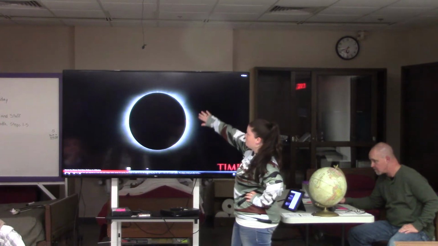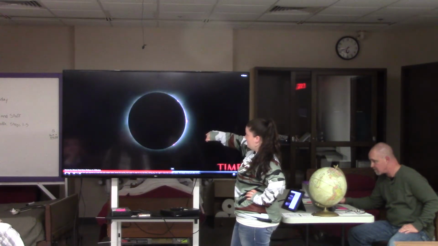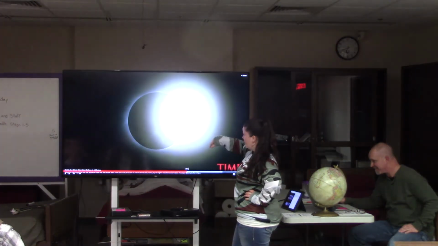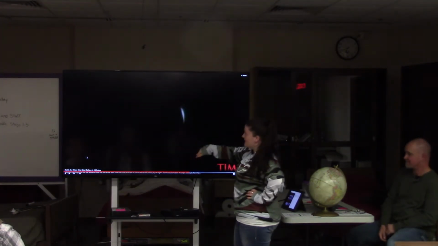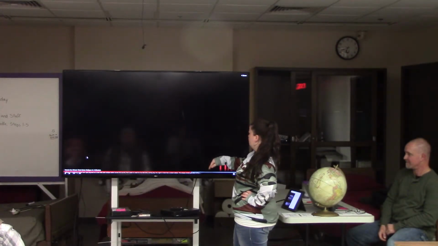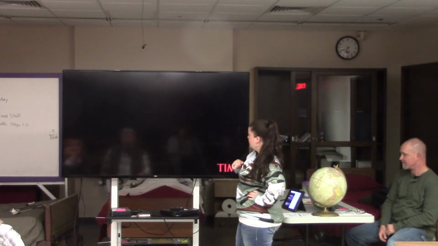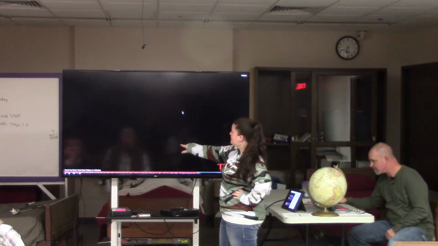So as it gets brighter on this side, look at those flares. And then, oh, there you go, you can start to see the sun on this side of the moon. Now they're trying different things with different filters here.